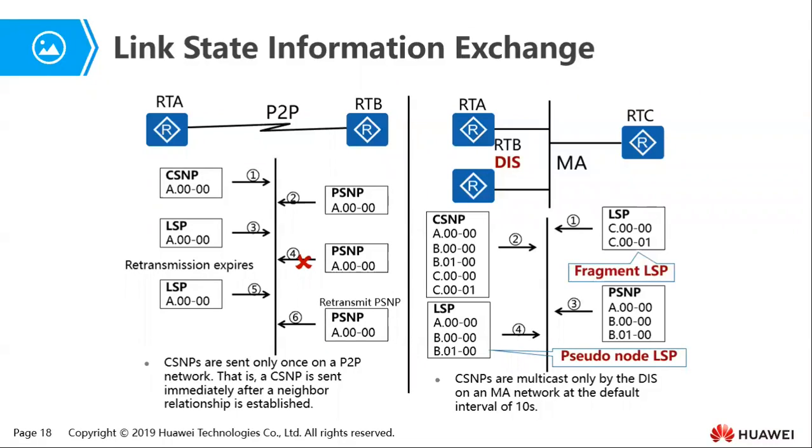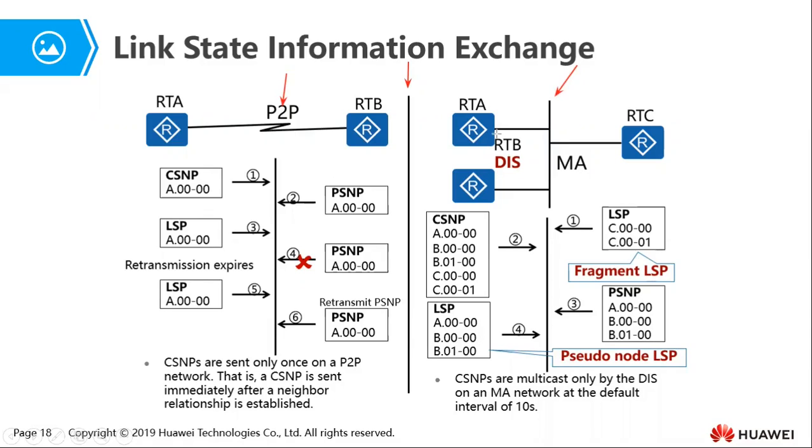Okay, so let's move on and look at link state information exchange. So how is the information sent between the routers? So we have a line here. On this side, we want to see how link state information is exchanged on point-to-point networks. Then here we are going to see how it's done in broadcast networks.